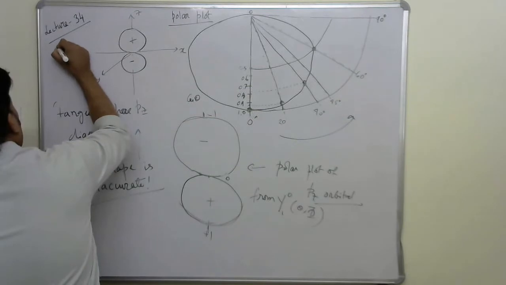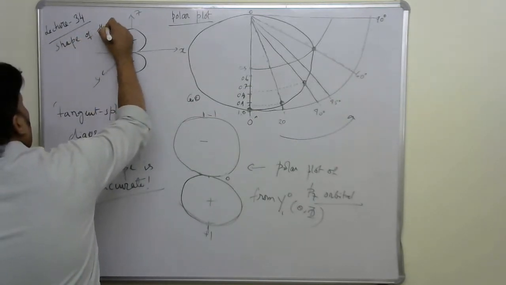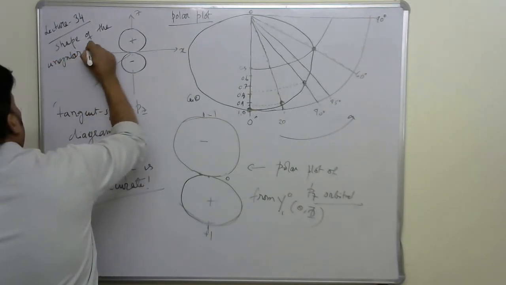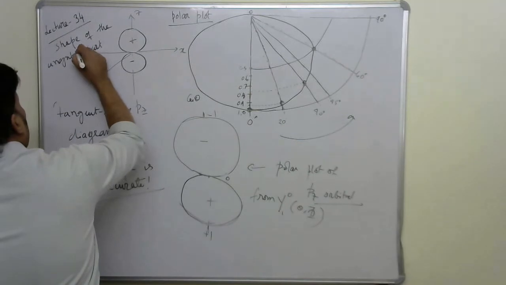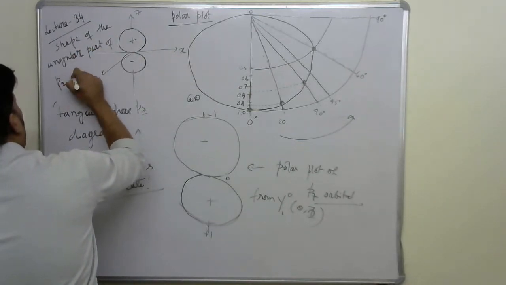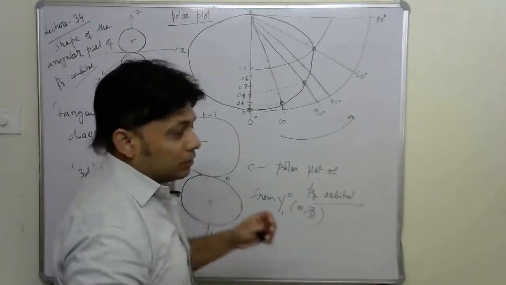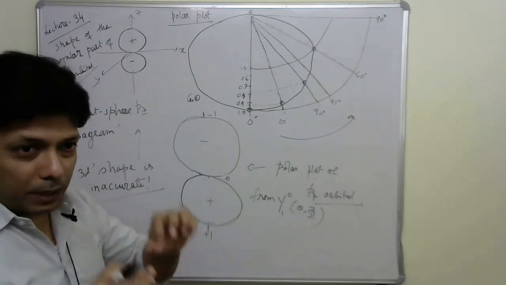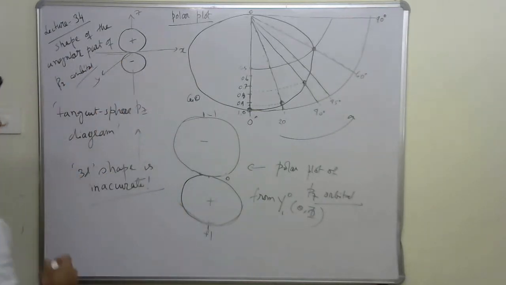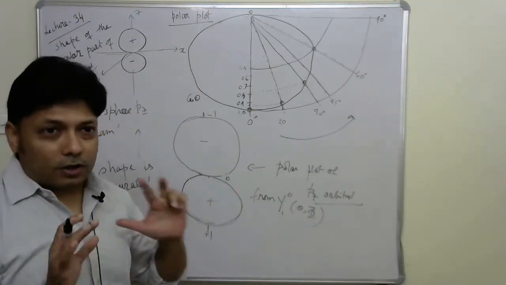This is actually the true representation of the shape of the angular part of the pz orbital. These are two perfect spheres, barely touching each other. And this is the nodal plane. The node lies here.